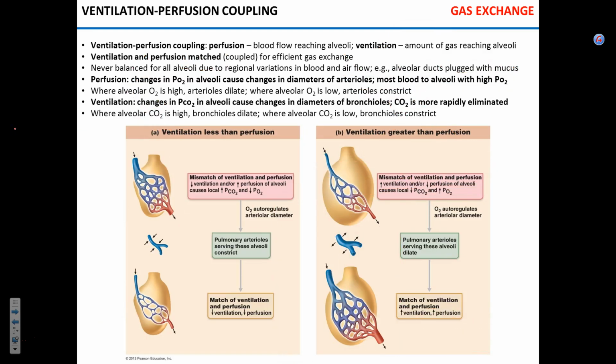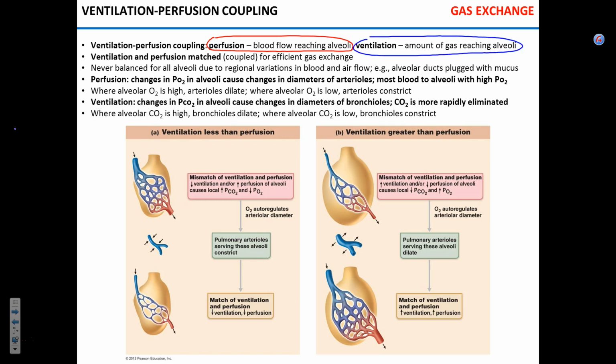Now, this is something that we kind of talked about. It's called ventilation perfusion coupling. There are two processes that happen in the alveoli. One is called perfusion, another called ventilation.